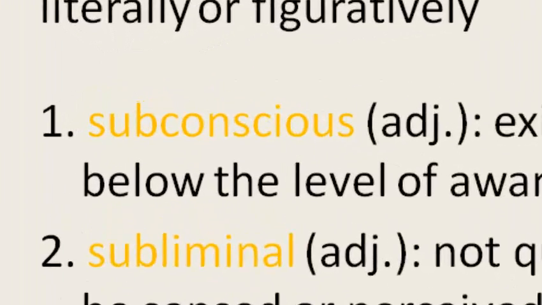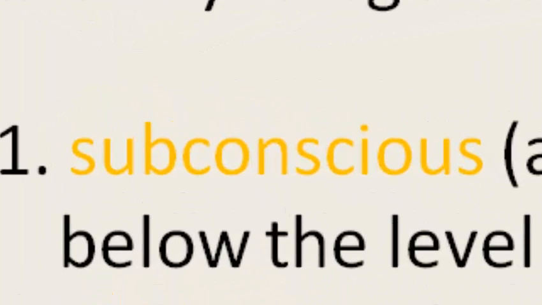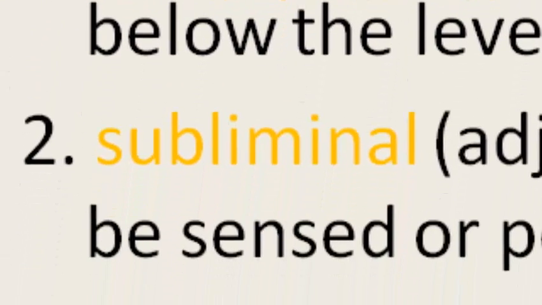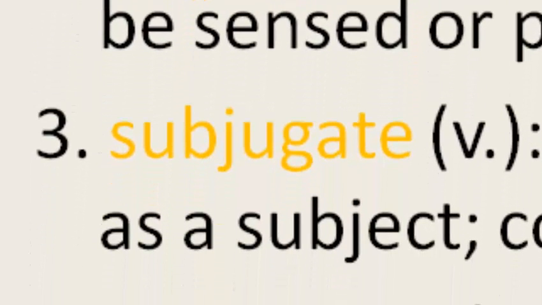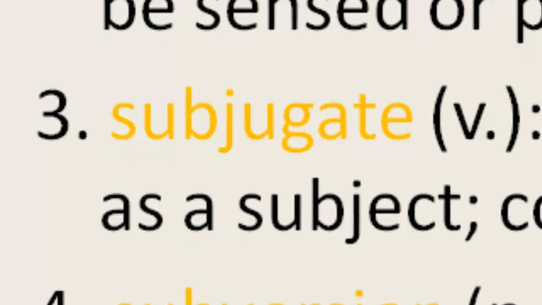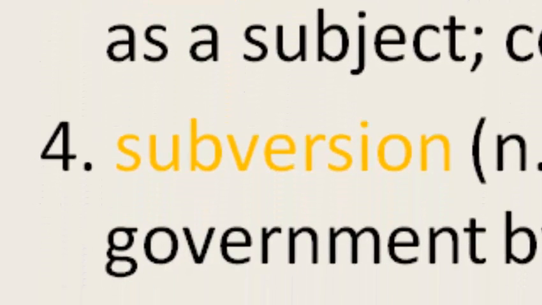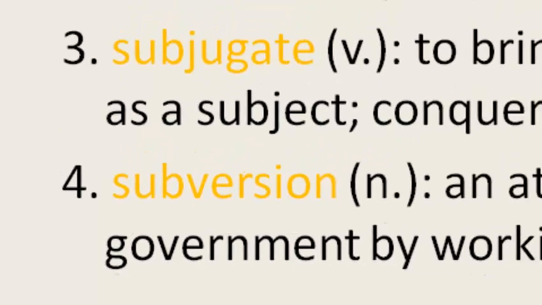So we have subconscious, which exists in the mind just below the level of consciousness. We have subliminal, which is not strong enough to be sensed or perceived consciously. We have subjugate, which is to bring under control and to rule or subject, to conquer. And we have subversion, which is an attempt to overthrow a government by working secretly from within.